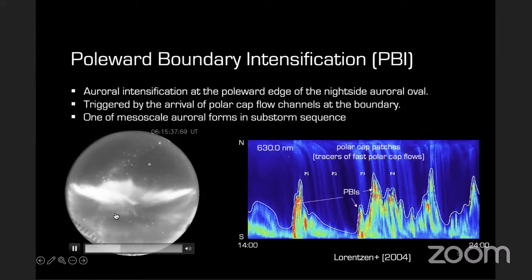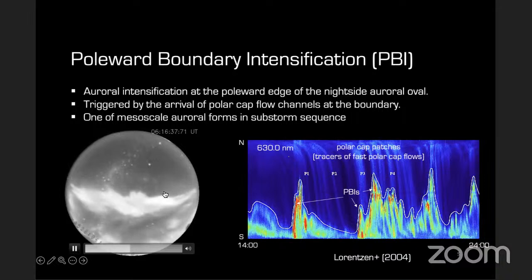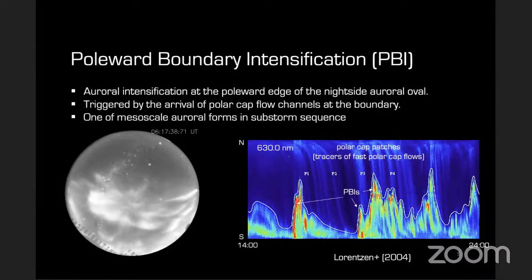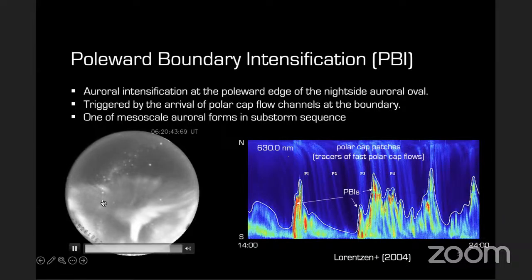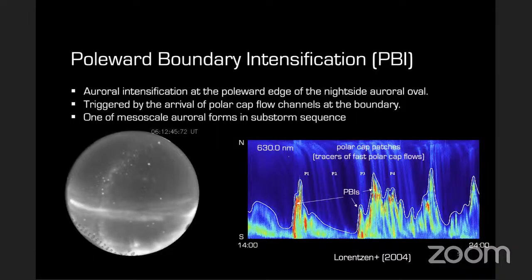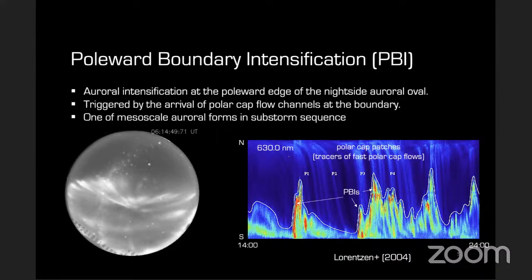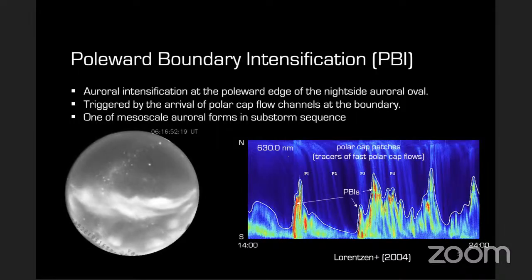This is a movie of a PBI captured by a ground-based ASI at South Pole. We can see a sudden brightening of the poleward boundary aurora, and then it rapidly expands in the azimuthal direction as well as in the poleward and equatorward directions.